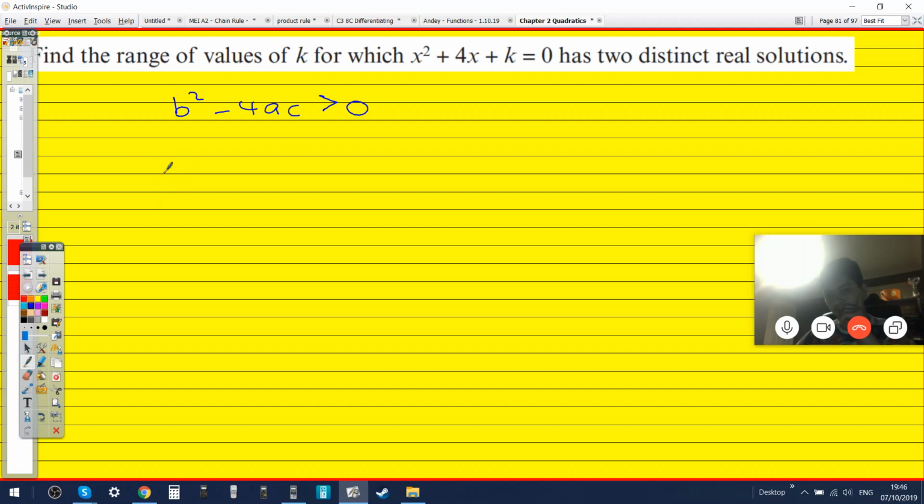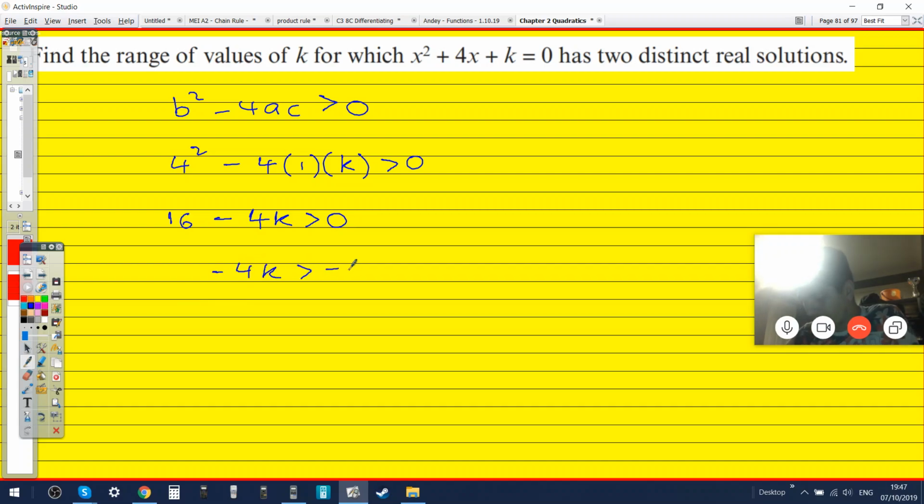So that'll be 4 squared minus 4 brackets 1 brackets k is bigger than 0, and I'll make it 16 minus 4k is bigger than 0, and then minus 4k is greater than minus 16.